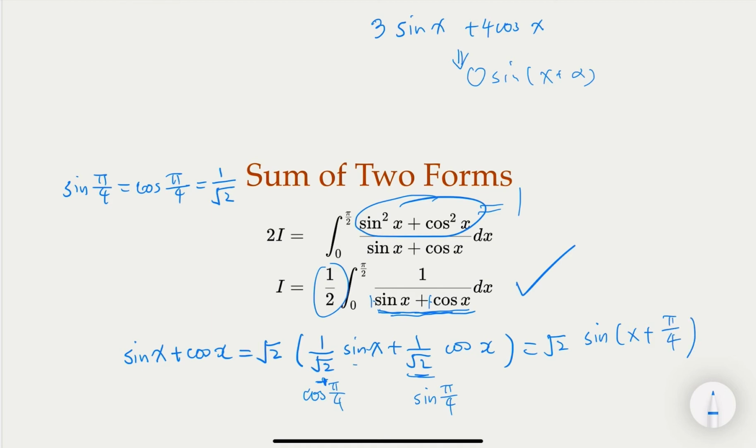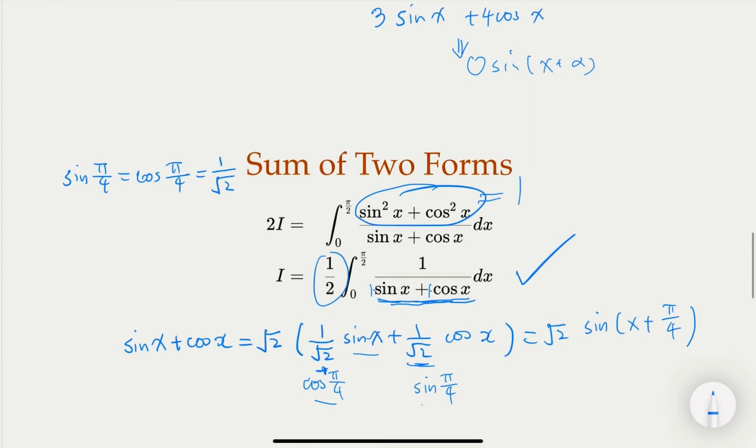Because sine alpha cosine beta plus cosine alpha sine beta equals sine of alpha plus beta. Here alpha is x, beta is pi over 4. All right. Now you're going to have this, right?